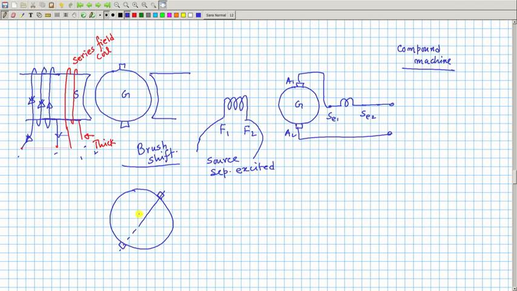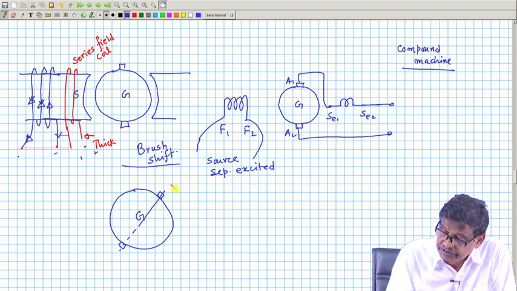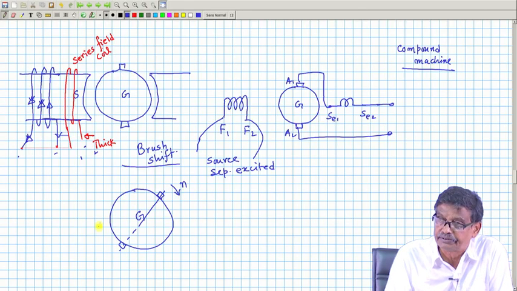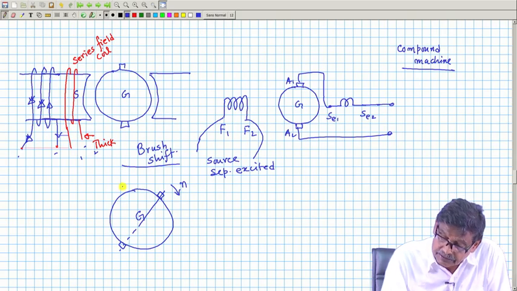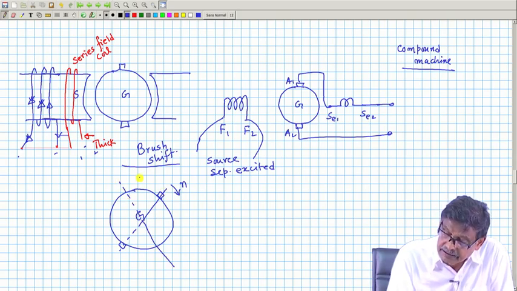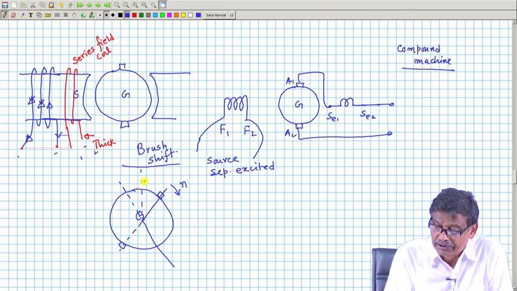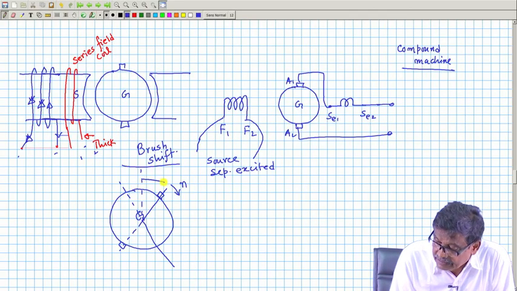For example, in the case of a generator, a forward brush shift is given along the direction of rotation. This we have discussed. And the brush shift angle from the original geometrical neutral plane is measured as beta e.